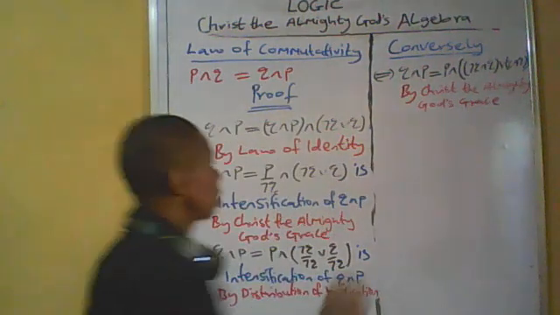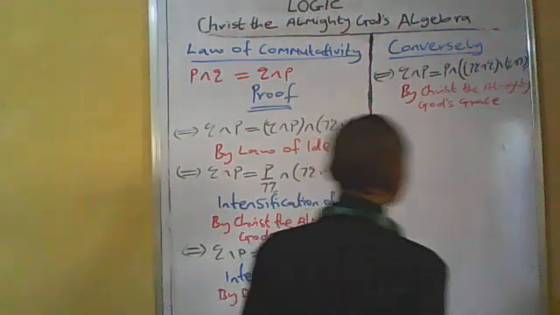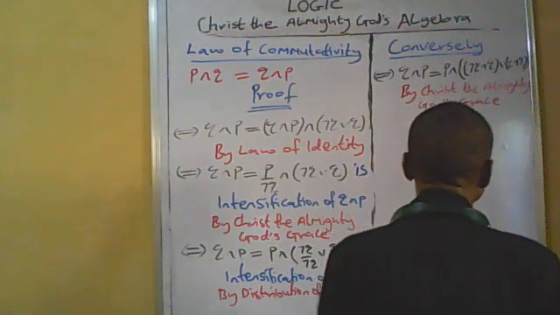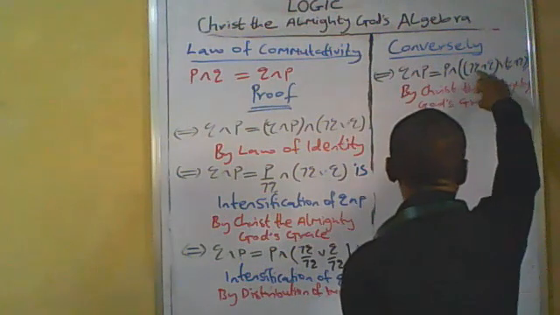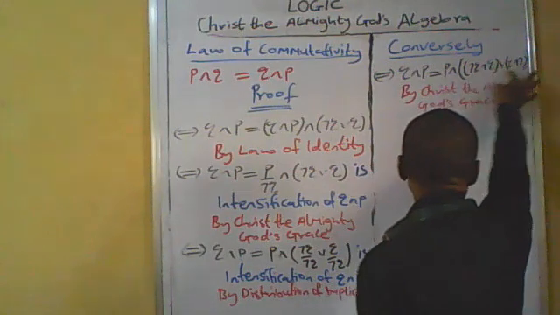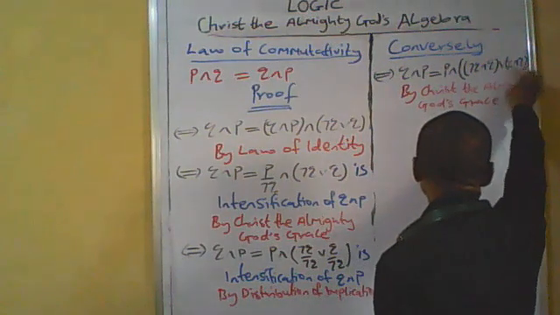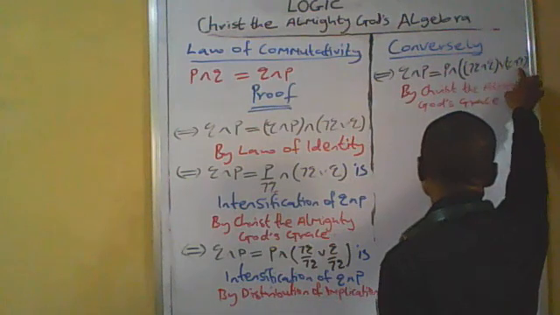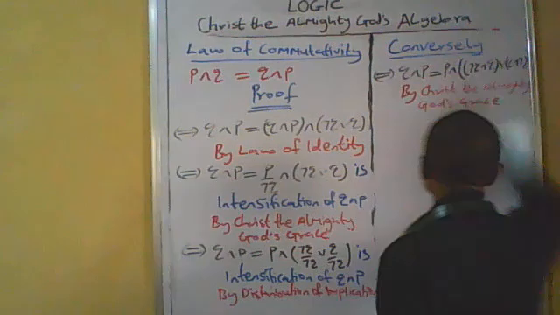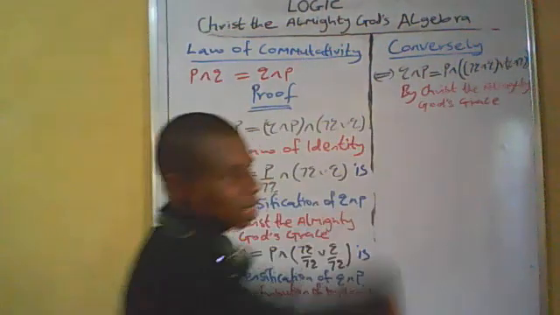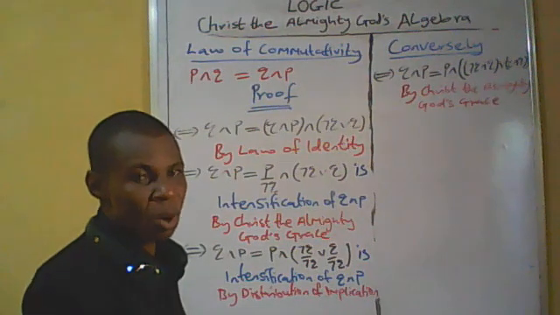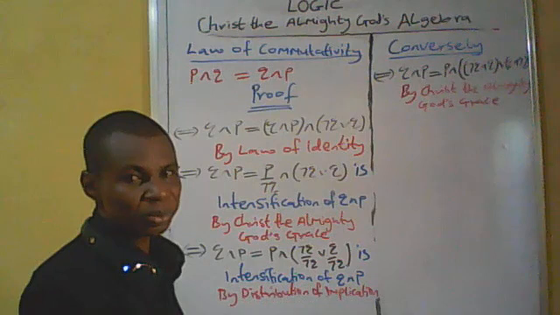So if and only if, now you see that this Q and P is equivalent to P and bracket F or Q and Q. And Q and Q is equal to Q. So we have P and Q, which is equivalent to the left hand side of the equation. So it's now logically equivalent. No more intensification of the left hand side of the equation.